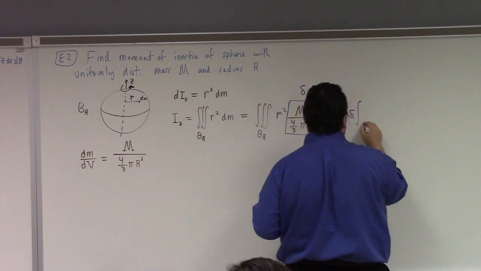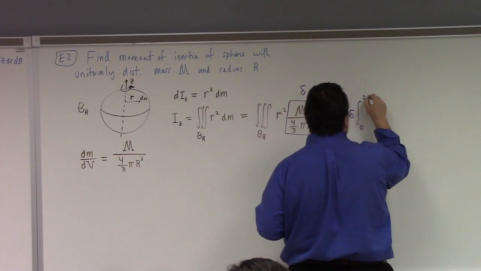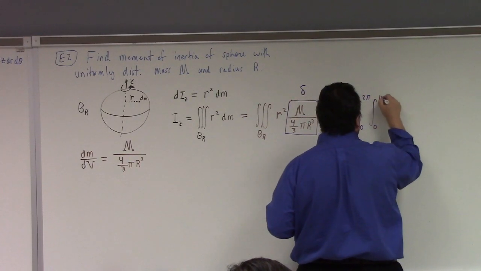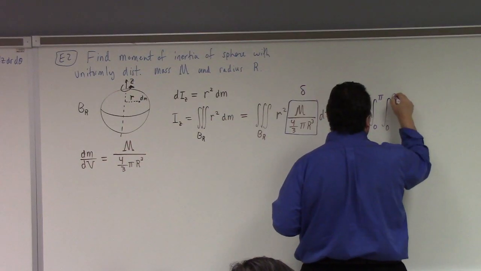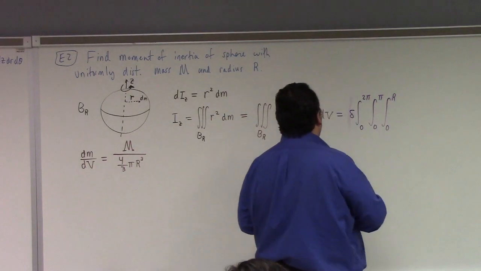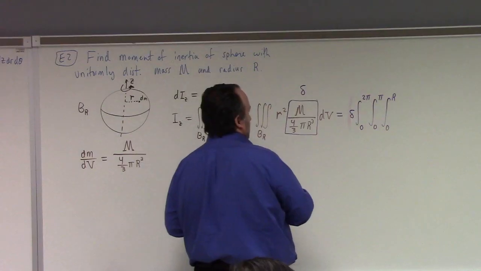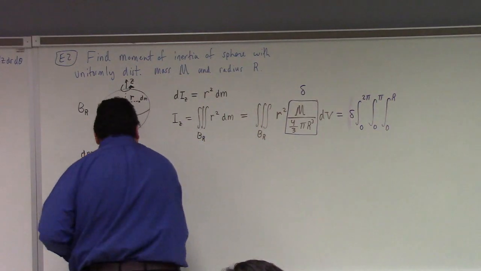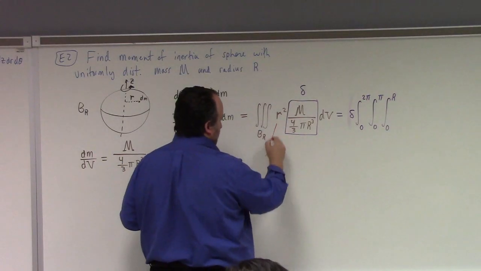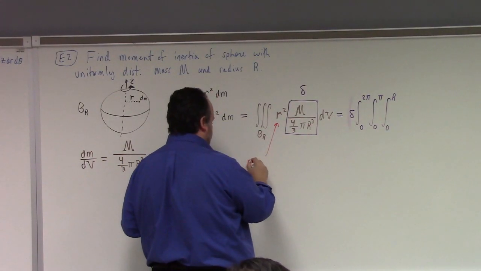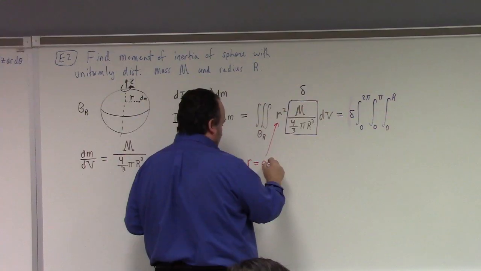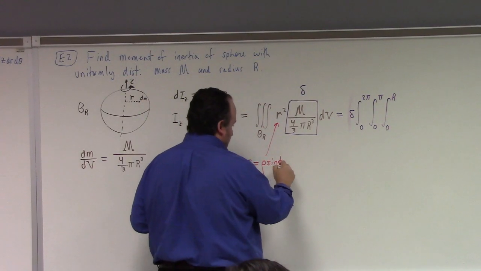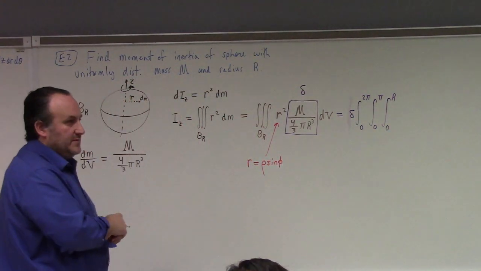Delta times the integral from 0 to 2 pi, integral from 0 to pi, integral from 0 to r, right? And let's think about this. So r is what? In terms of spherical coordinates, we talked about this. R is rho sine phi, right? That's what r is.